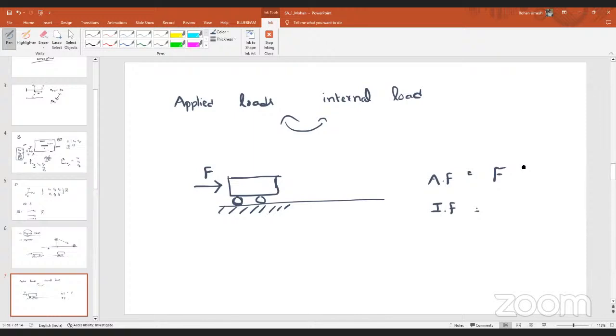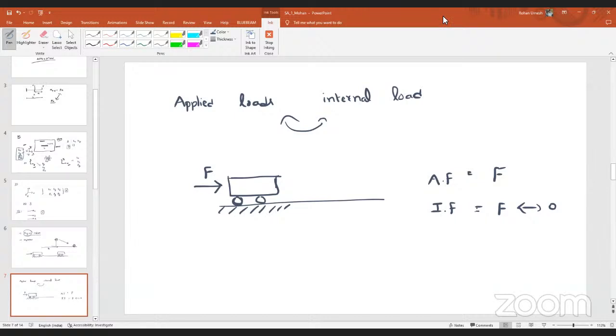Minus it. Opposite. Is it F or is it 0? Which is right? What is the internal force? Minus. Hari said 0. Sorry, whoever is speaking, I don't know whose network issue that is. I could not hear properly.